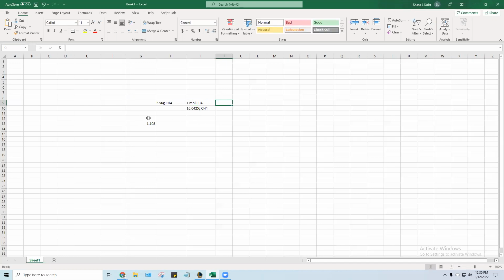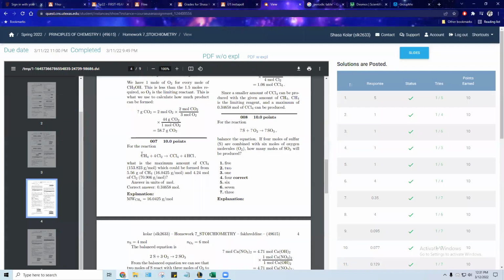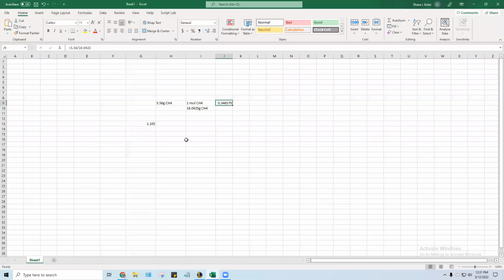And then we just want to plug this in so we can find the limiting reagent real quick. So equals 16.0425. And as we can see, this is much lower, equivalently, because we're keeping in mind the molar ratio, how many moles are actually required for the equation. We're dividing this by 1, which doesn't do anything, but this is divided by 4.